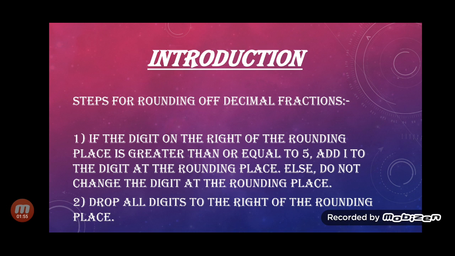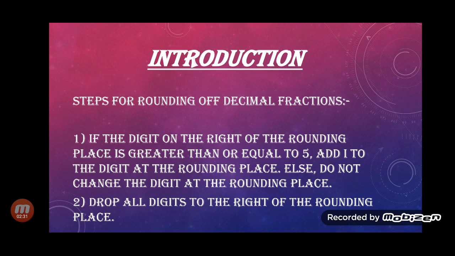If it is equal to 5 or more than 5, add 1 to the digit at the rounding place. Else, do not change the digit at the rounding place. Next, drop all digits to the right of the rounding place. And if the digit is less than 5, do not change the rounding digit but drop all the digits to the right of it.